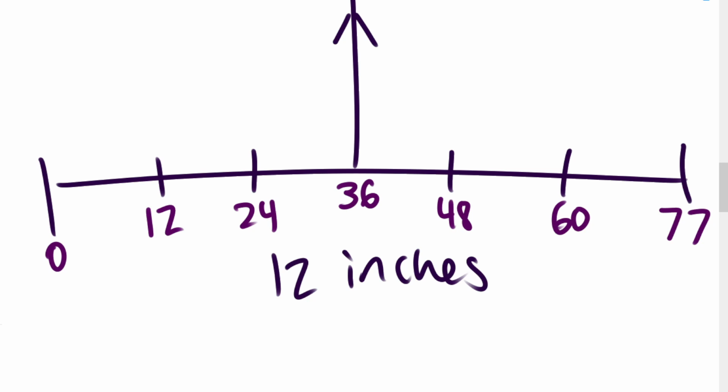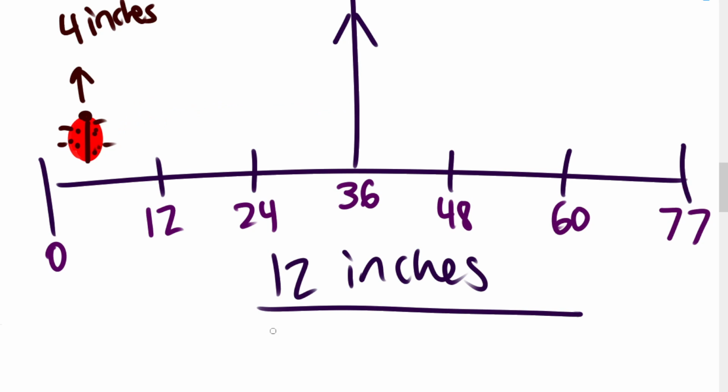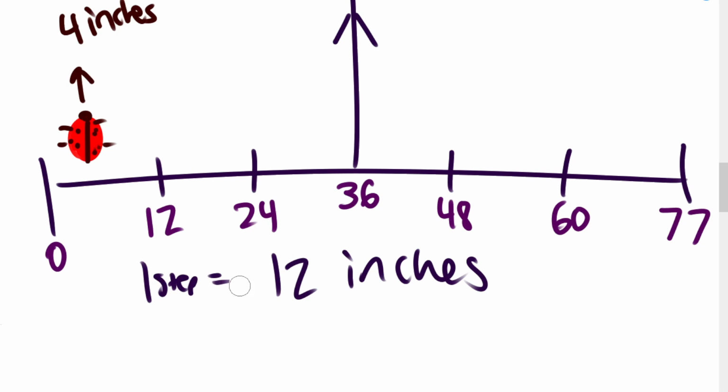And let's say you see a ladybug right here, and he's just chilling. You know for a fact that this ladybug is at the 4 inches marker. We want to find how many steps it would take to get to that ladybug. We know that one step is equal to 12 inches.